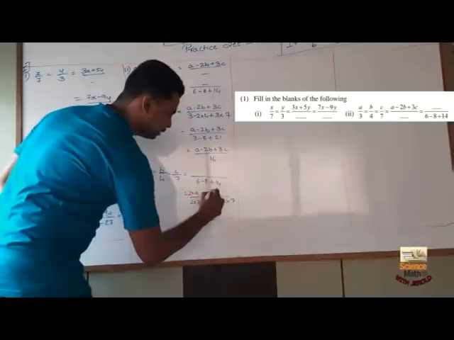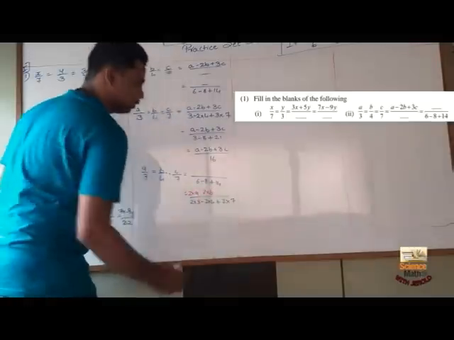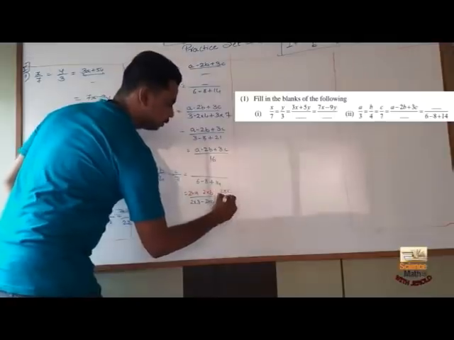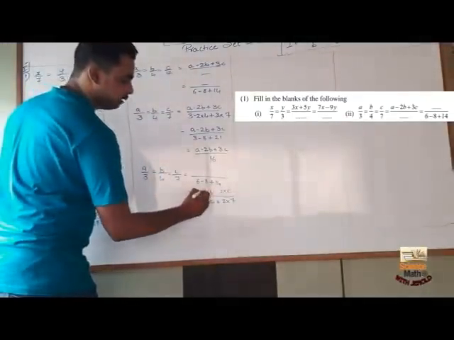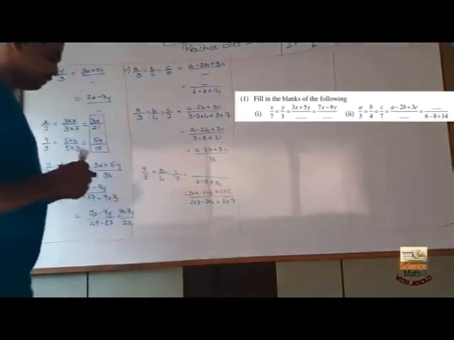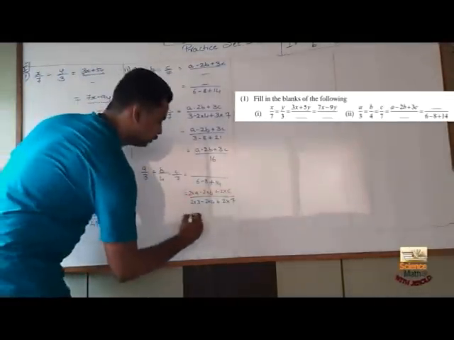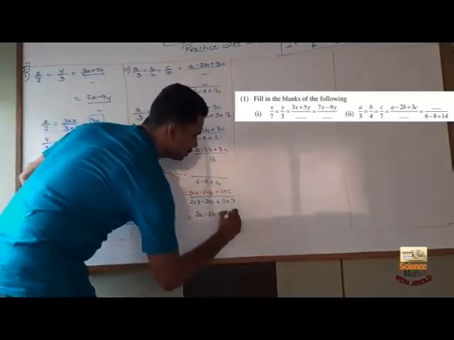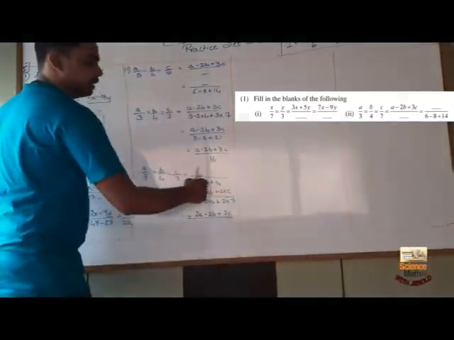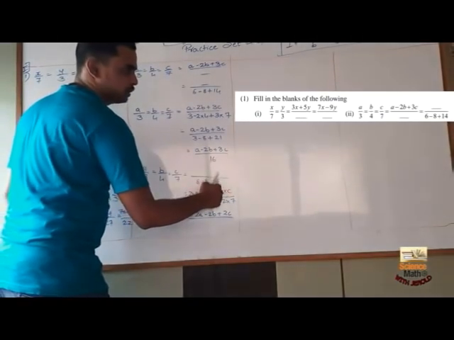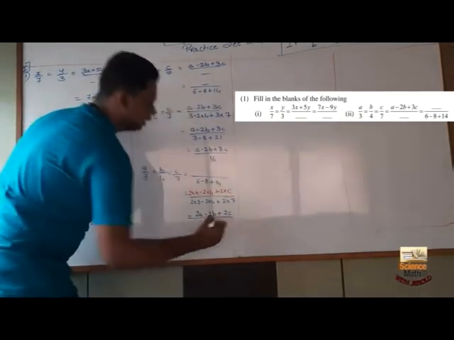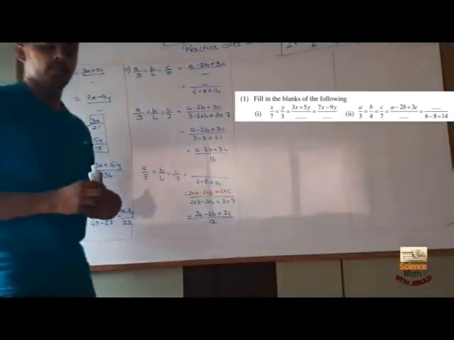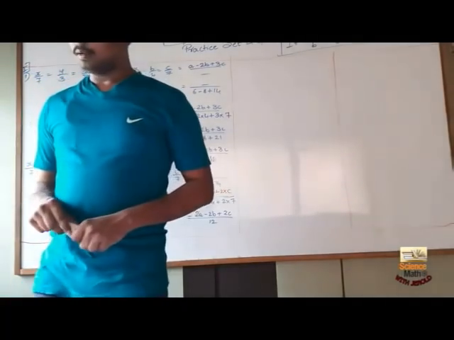Similarly, 4 has b multiplied by 2, and 7 has c multiplied by 2. So everywhere 2 is multiplied, with the minus and plus. This will give me 2a minus 2b plus 2c divided by 6 minus 8 plus 14. 6 plus 14 is 20, minus 8 is 12. This is what I have for my answer. This is the end of the first sub-question of the practice set.